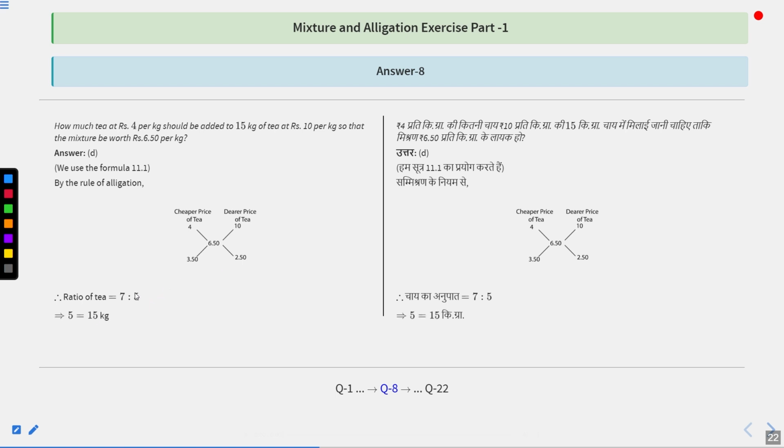Clear? It is given in the question that 5 units equals 15 kg, because the question says 15 kg of tea at 10 rupees per kg. Clear? So what is the value of 1 unit? 1 unit is equal to 3 kg. So what is the value of 7 units? It is 21 kg. So D is the correct answer. Clear? Next one.